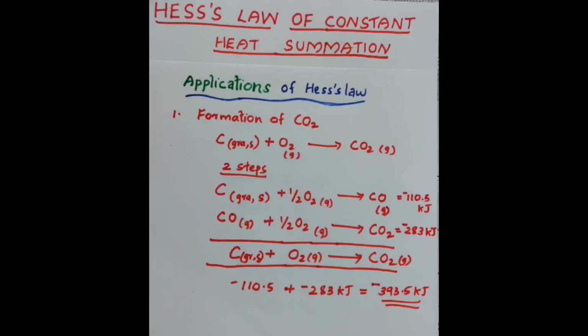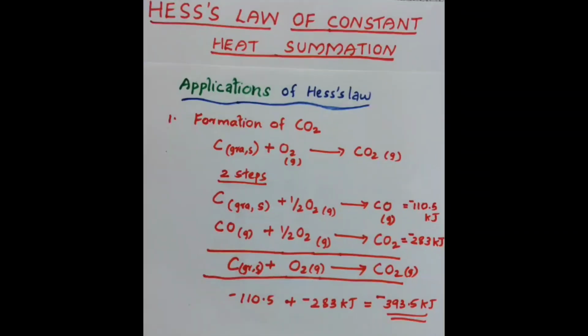These are the applications of Hess's law, and we can find out the enthalpy change, and thermochemical equations can be added, subtracted, multiplied or divided just like algebraic equations. The statement of Hess's law is: the total enthalpy change in a chemical reaction is the same irrespective of whether the reaction takes place in one step or several steps under the same condition.